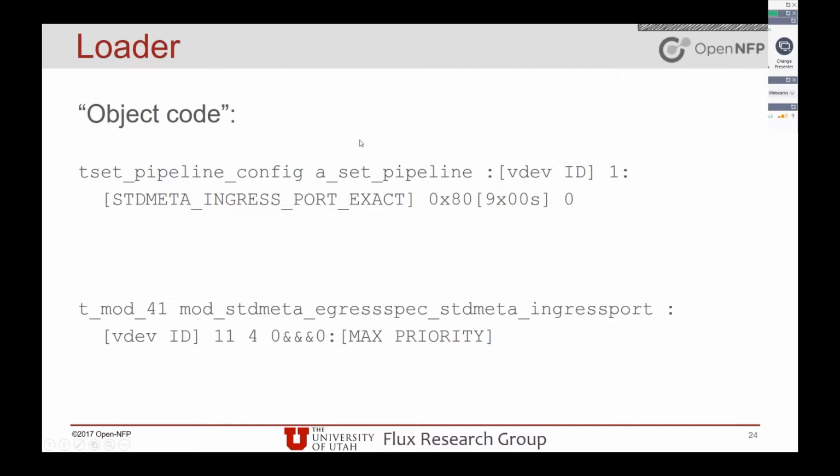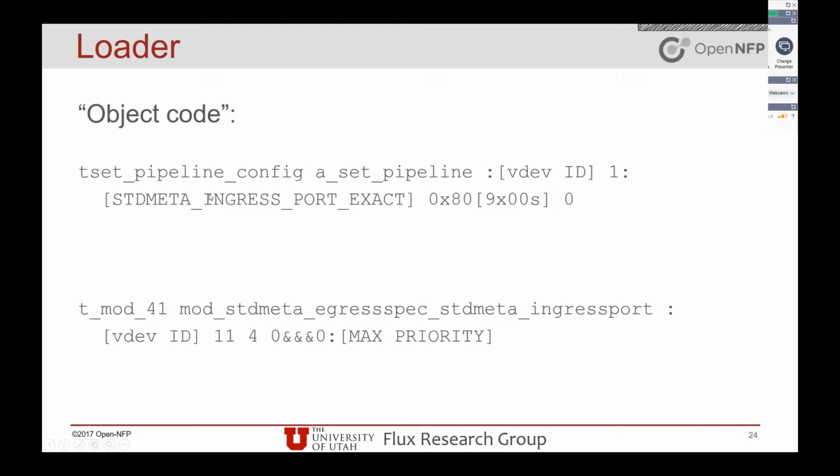All right, there's a bit of substitution to do by the loader. The loader has to do some linking in order to convert the object code that is defined for Hyper4 into an actual rule that Hyper4 can consume. This is a real example from an ARP proxy function that was put through the compiler.